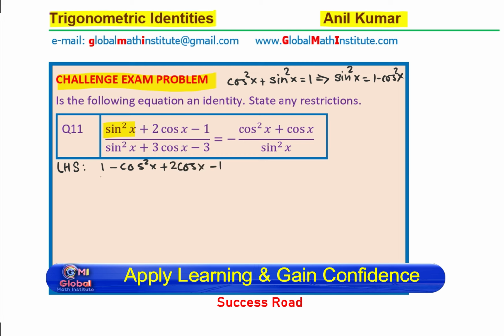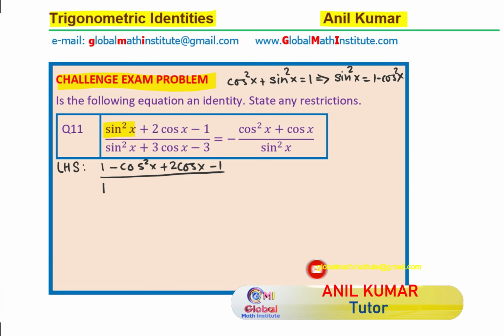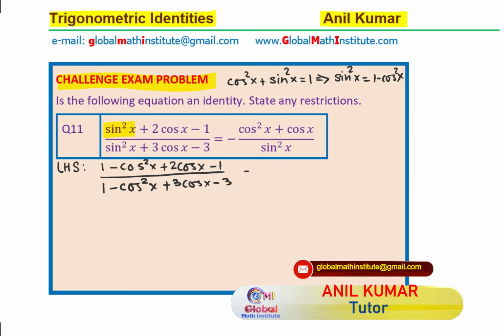minus 1 over. Here we have sine square x once again. I'll again write it as 1 minus cos square x plus 3 cos x minus 3, correct? Now 1 minus cos square x, and here we have 1 minus, so they cancel.